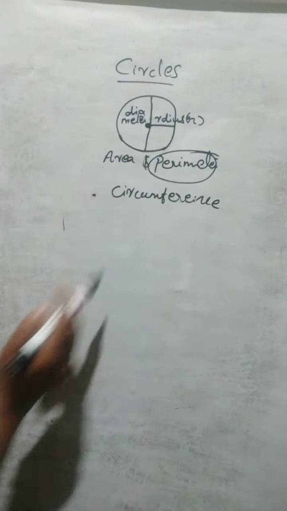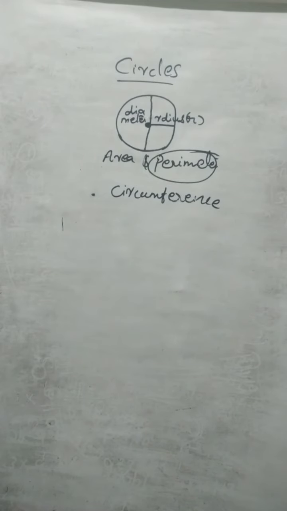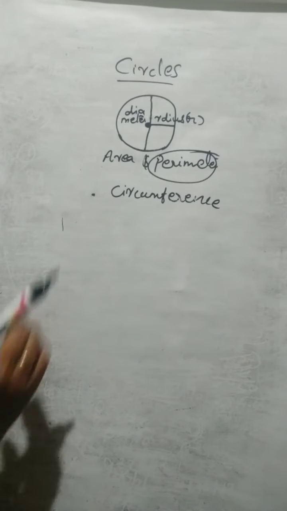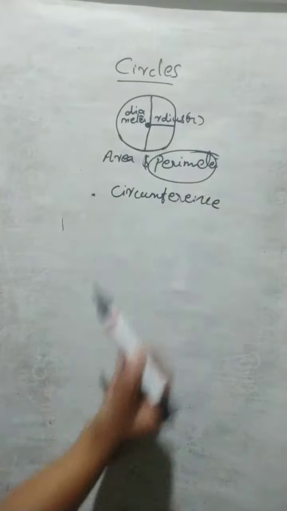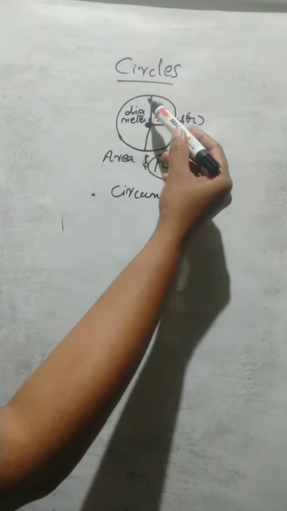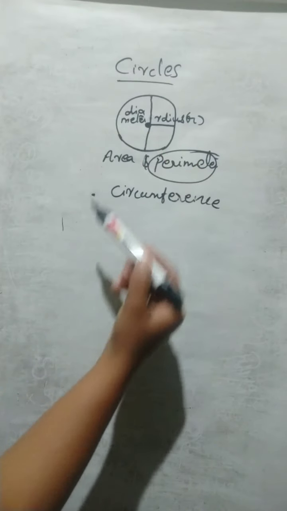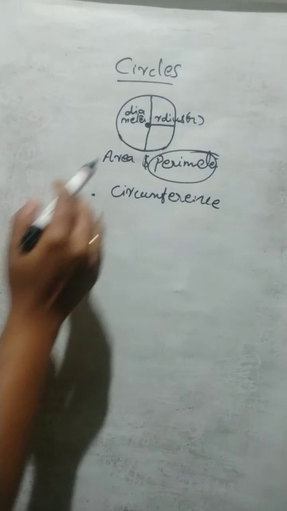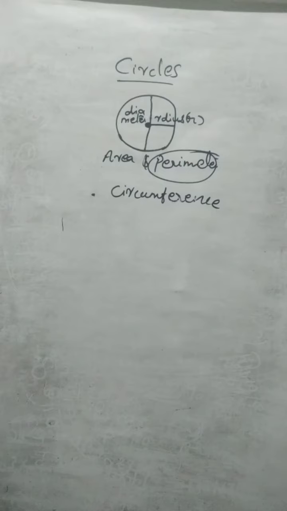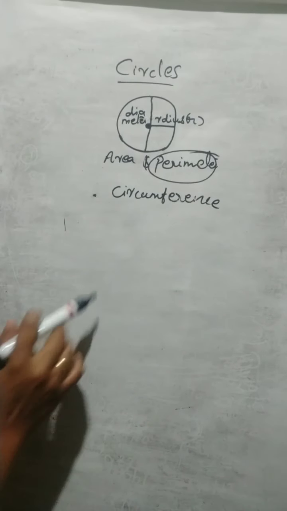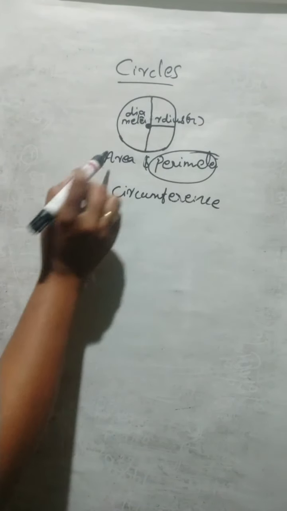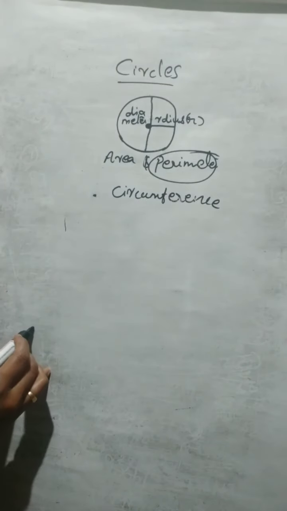That is double the radius. The distance from one point of the circle through the center that touches the opposite point on this circle. Clear?